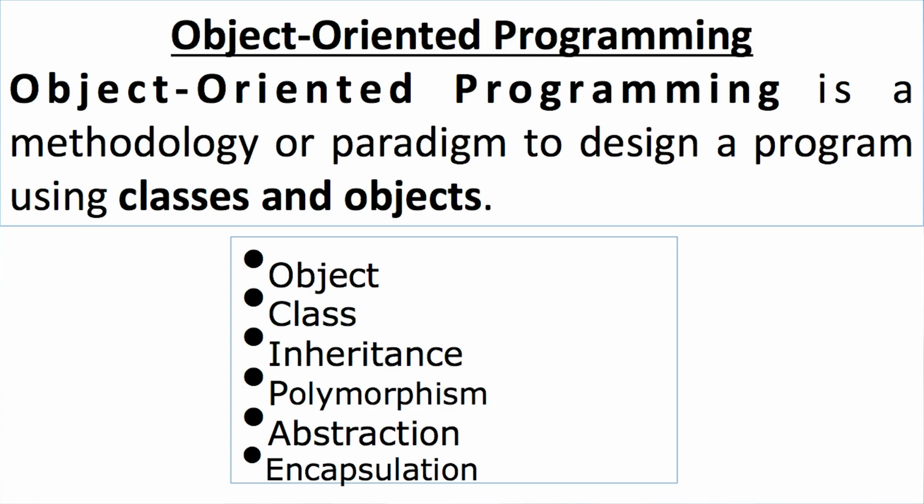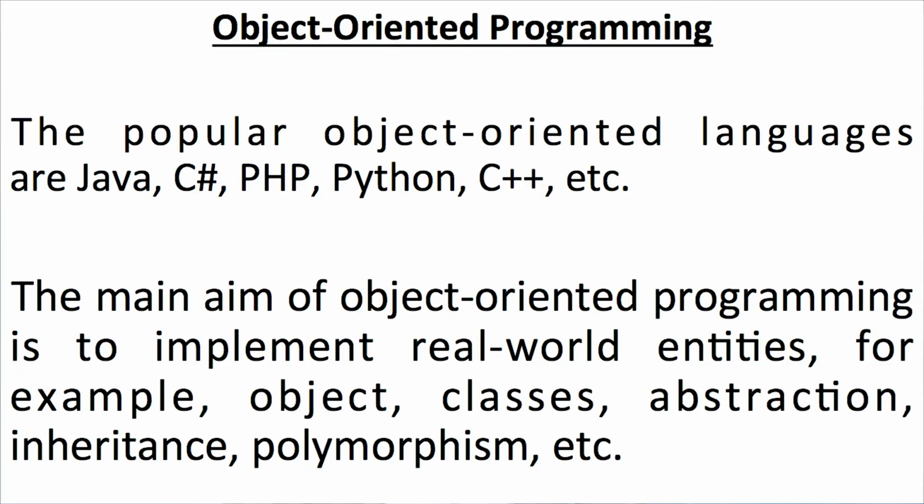I am explaining this class and object with the help of a program in later slides. Some other popular object oriented programming languages are Java, C#, PHP, Python, C++. So these are the other programming languages which follow the concept of the object oriented language.